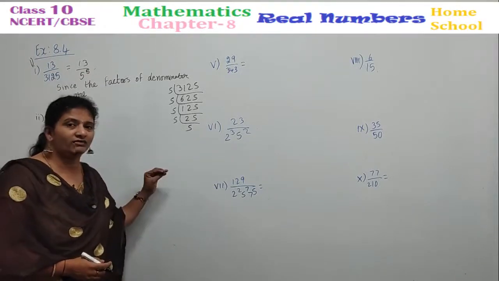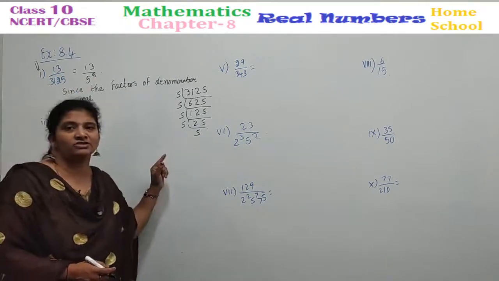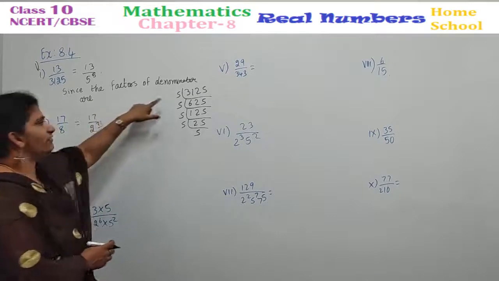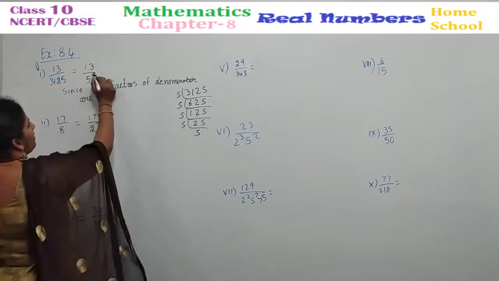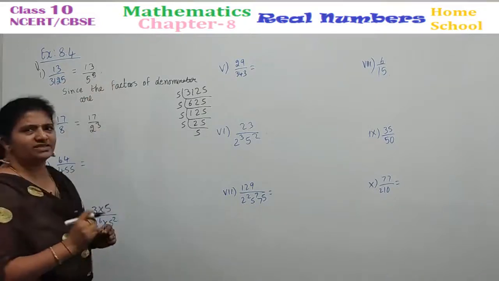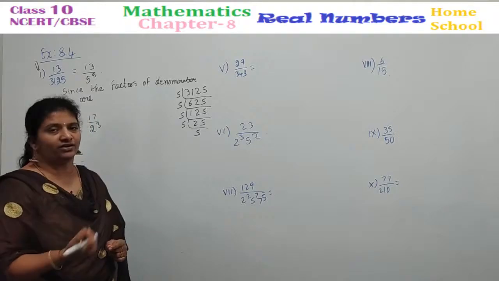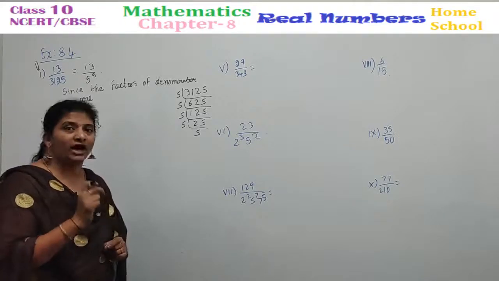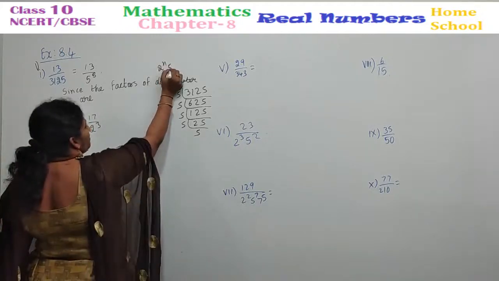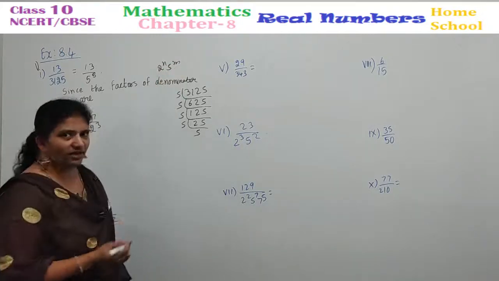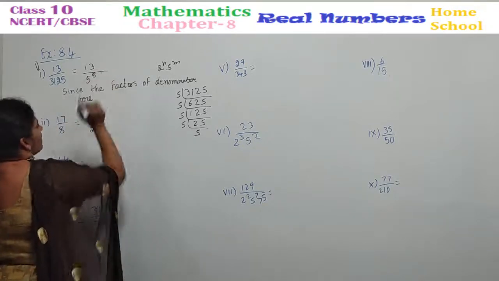Like this, we need to convert the given denominator in the form of multiples of their factors. I have done the factors by doing the LCM. Look here, children, 5 power 5 there. Check whether it is a terminating decimal expansion you are going to get or non-terminating and recurring. How can we check whether our denominator is in the form of 2 power n and 5 power m? If there, it will be a terminating decimal expansion. So look here, 5 power 5 there.